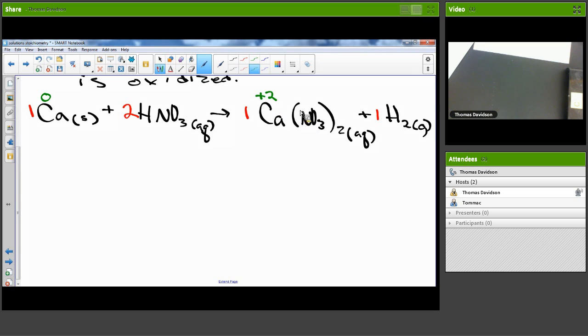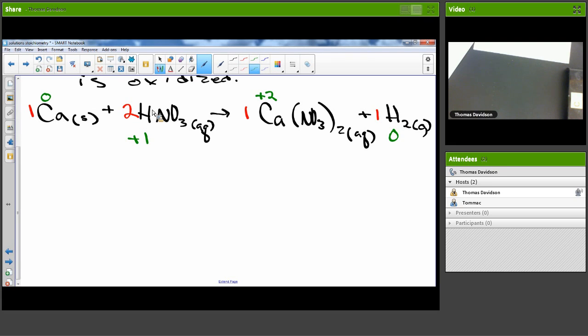Because it's a monatomic ion, which means its oxidation number equals its charge. All right, what's the charge of hydrogen right here? 0. And what is it over here? +1. All right. So, do I need to worry about the N and the O? Are they going to change?